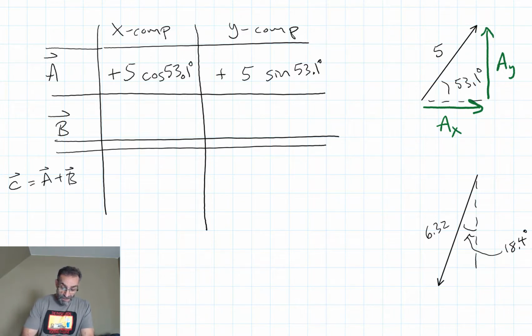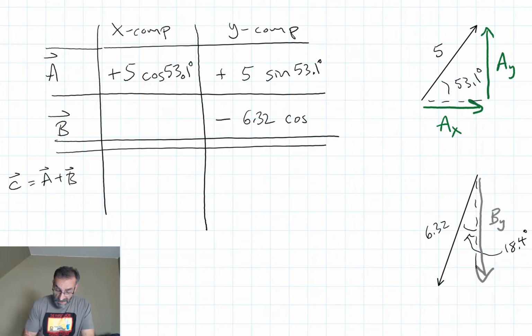So I'm going to break it up into its components. I'll use gray. We've got a component in this direction. That's our y component of vector B. And that would be pointing in the negative direction. And I would use the cosine of 18.4 degrees because the angle was given with respect to the y-axis. I'm going to make a right triangle here.